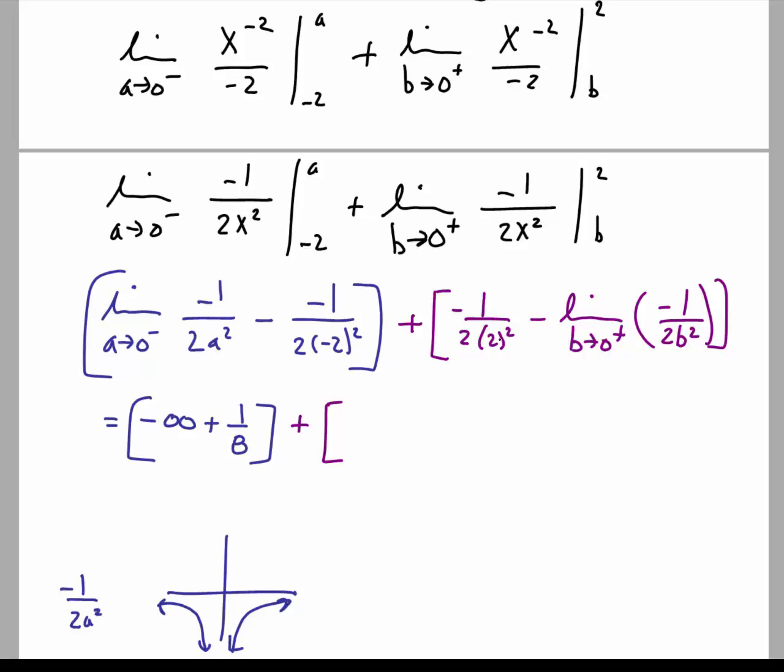Okay, so 2 squared is 4 times 2 is 8, so this is a negative 1/8 minus. Now as we approach 0 from the right, I already have the graph down here. This is also going toward negative infinity. So this is negative infinity plus 8. And if we keep simplifying here, this becomes negative infinity plus infinity eventually, which is actually an indeterminate form.